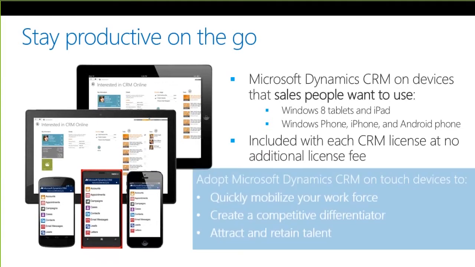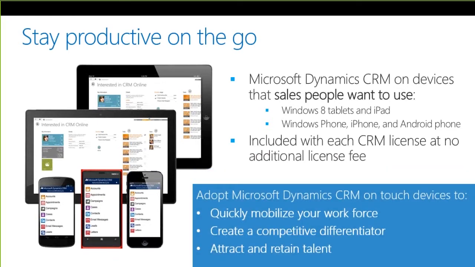So getting into mobility, a lot of people are getting away from laptops and desktops, if anybody's still using desktops, especially your sales team. So they want to be able to access that information. Microsoft has thought about that, and it's included as part of your license. All of these features and functionality support Windows 8 tablets and iPads.